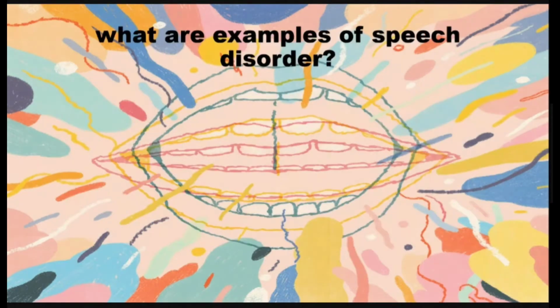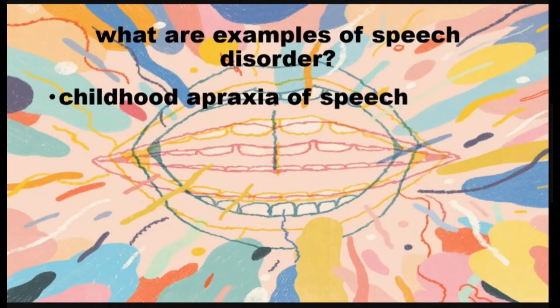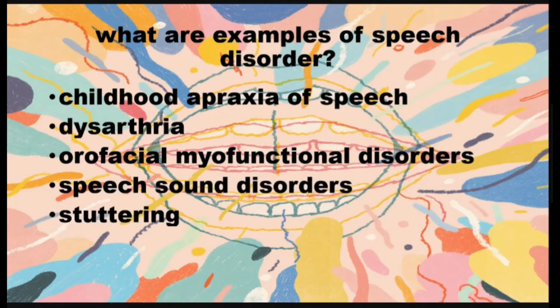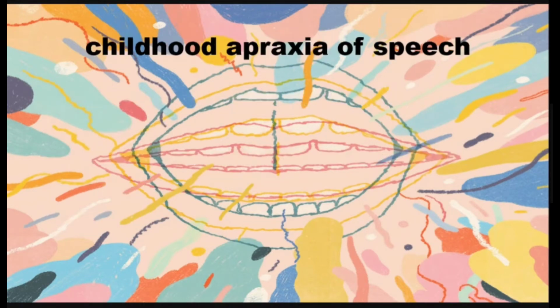So let's continue. What are examples of speech disorders? Examples of speech disorders are childhood apraxia of speech, dysarthria, orofacial myofunctional disorders, speech sound disorders, and stuttering. So let's begin with childhood apraxia of speech.